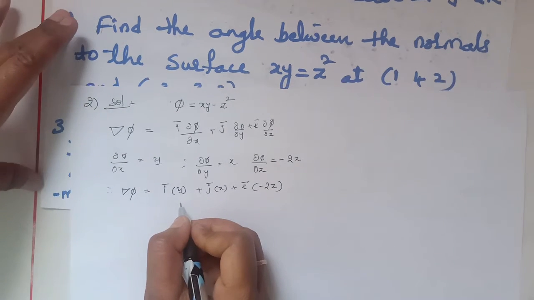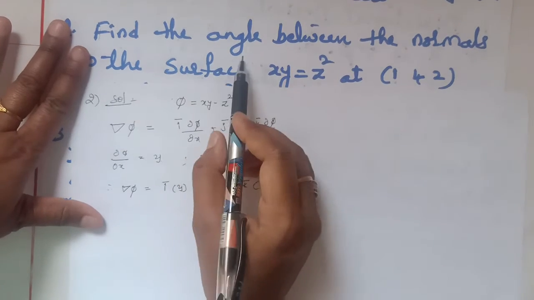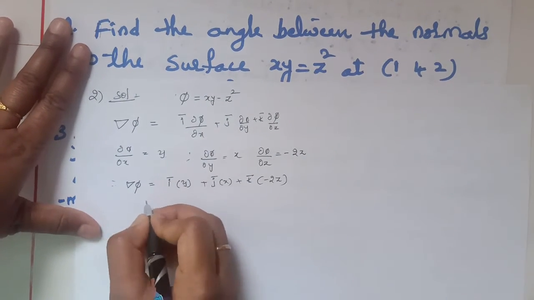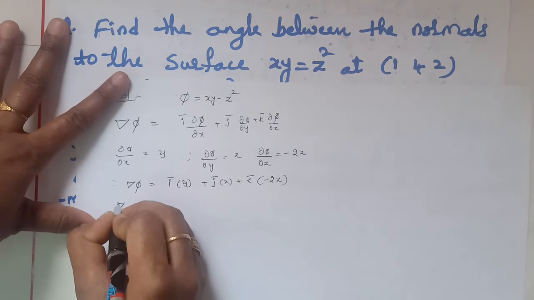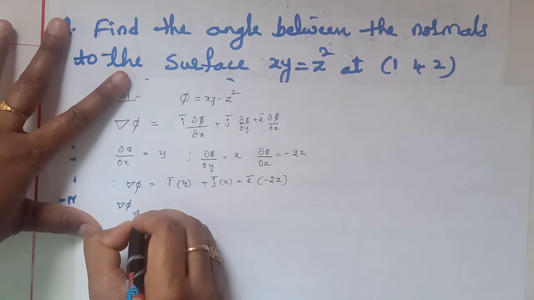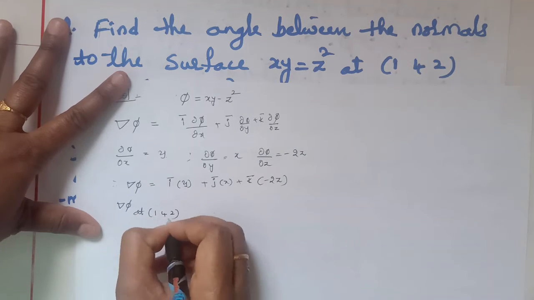So you are calculating the angle between two normals. First you need to find out the first normal. To get that we need to calculate del phi value at 1 comma 4 comma 2.